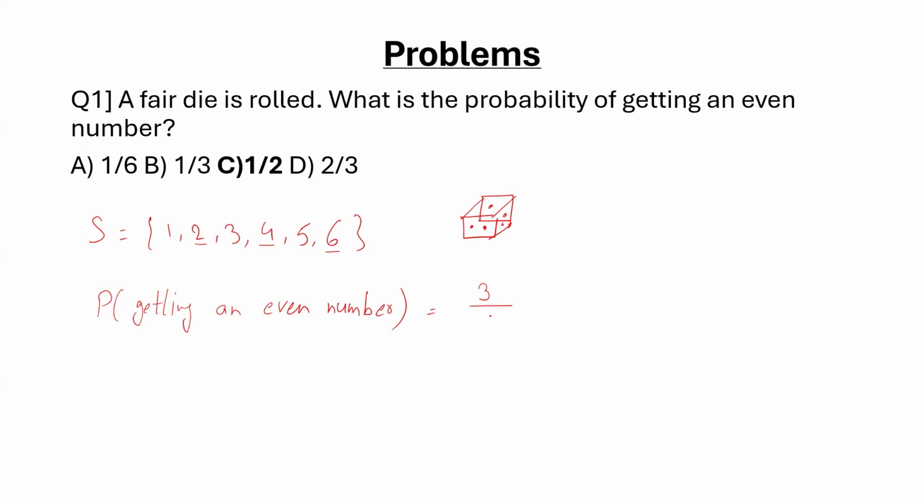And how many total numbers are there? You have 6 total numbers, right? So the probability is 1 by 2. So the probability of getting an even number is 1 by 2. So the correct option is C. So you have to pick C.